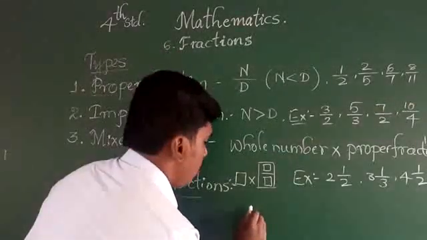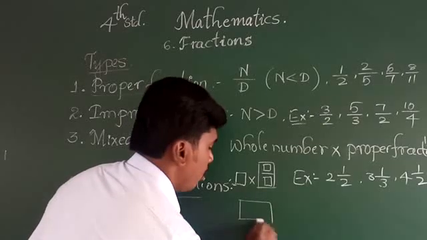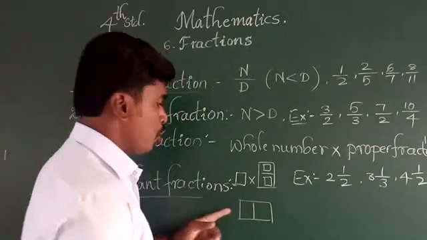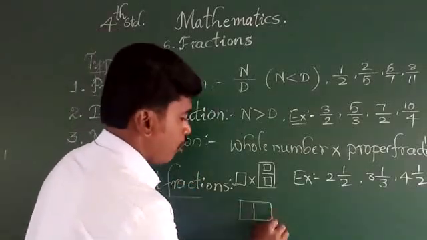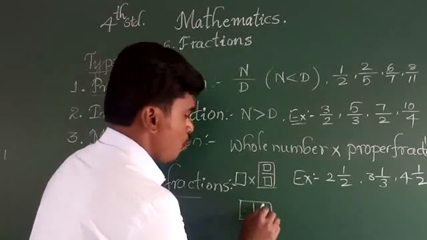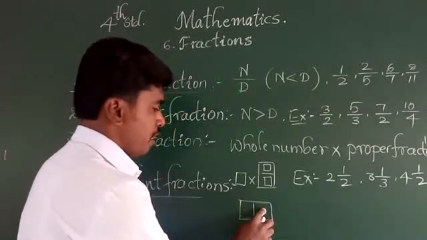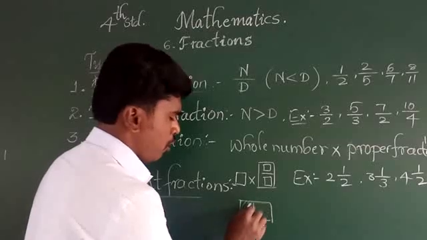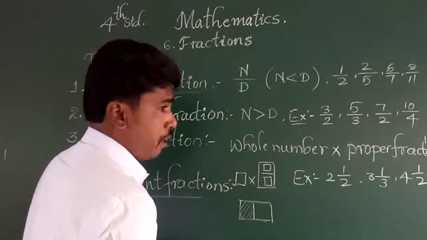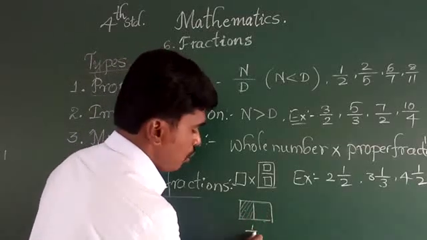Suppose, dear children, observe here. I am going to make a rectangular box and divide it into two halves. This is the first half, second half. Suppose I shade one part, then we can write it as 1 by 2.